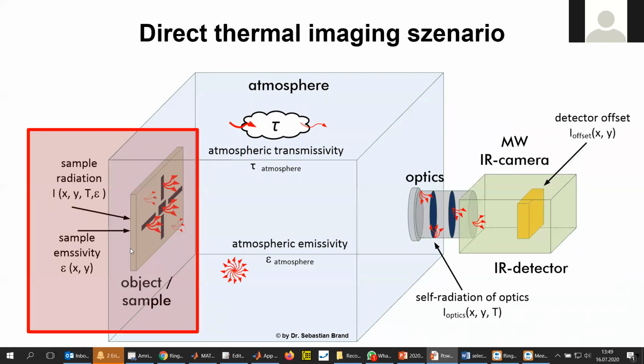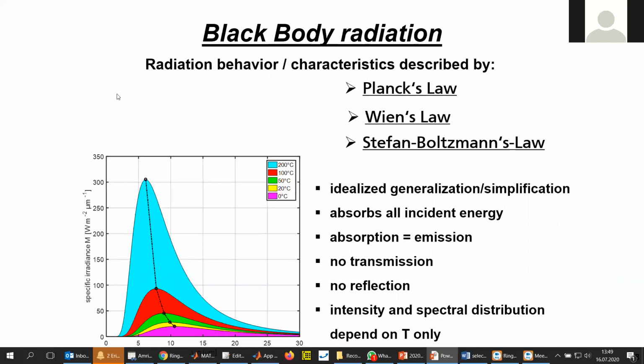Okay, now let's have a look at the sample and the relationships between the sample properties, the temperature, and the irradiated thermal energy. Before I start, I would like to introduce the term of black body radiation. Black body radiation describes an idealized generalization of the irradiated energy.